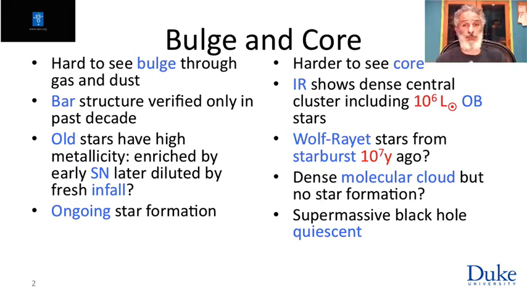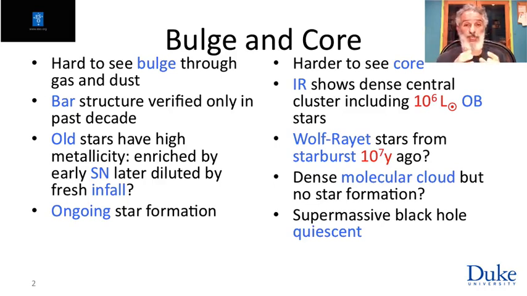Luminosities of 1 million solar luminosities per star. One interpretation of this is that these may be Wolf-Rayet stars, so older stars from a starburst episode about 10 million years ago, which are now very luminous.